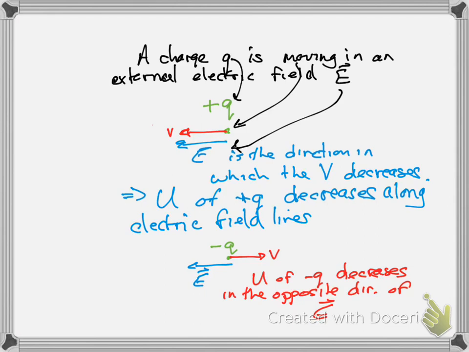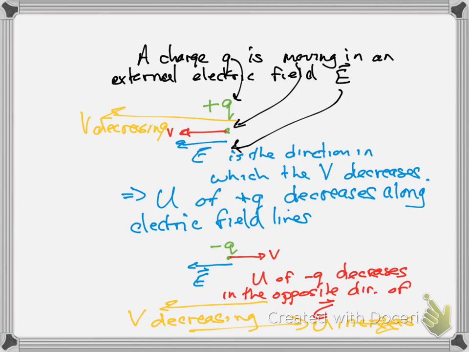So negative charges' energy is going to decrease when you move opposite E. But in that case, remember, and this is where you tend to forget, the potential was decreasing, and the potential is still decreasing along E, while the potential energy is increasing in the other direction. Okay, so I've said that twice in two different ways.